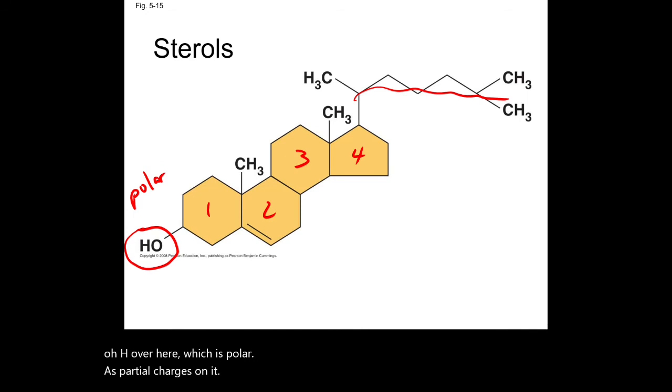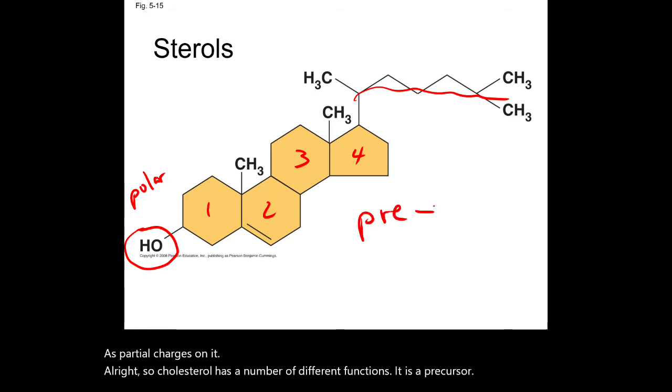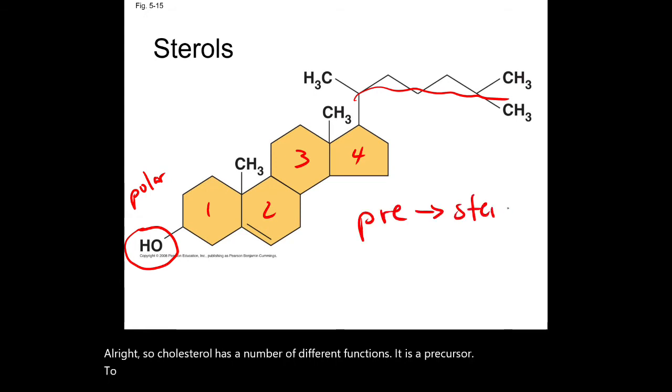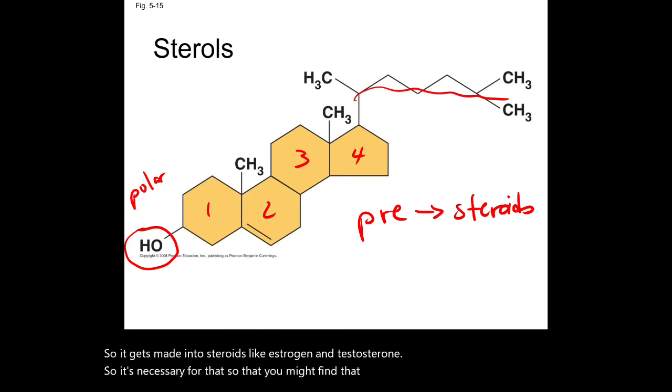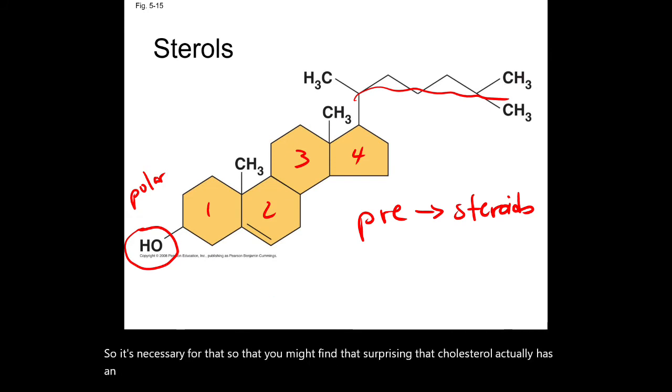All right, so cholesterol has a number of different functions. It is a precursor to steroids. So it gets made into steroids like estrogen and testosterone. So it's necessary for that. You might find that surprising, that cholesterol actually has an important function like that in the body. So it's not just a harmful thing for us, it is actually also a useful molecule.